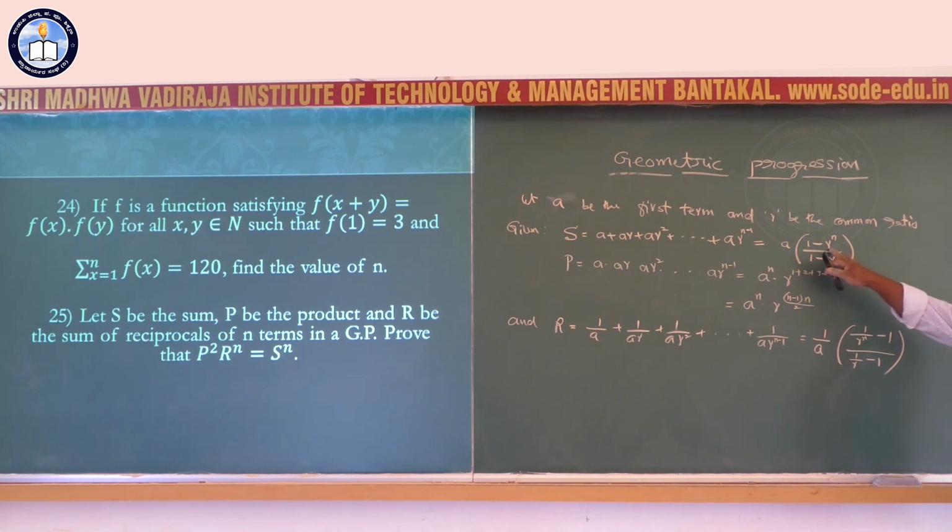Here I take R is less than 1. So clearly 1 by R is greater than 1, so I use this formula.